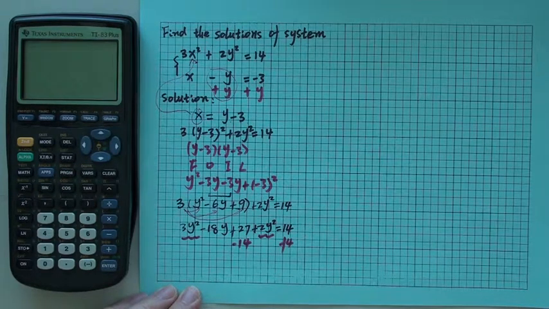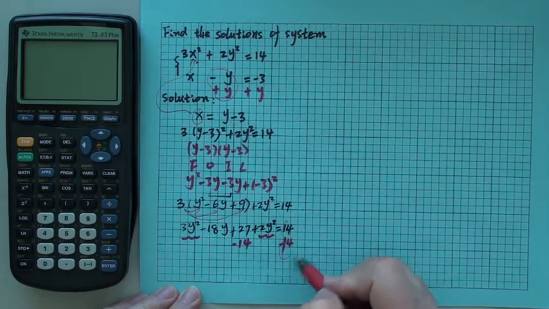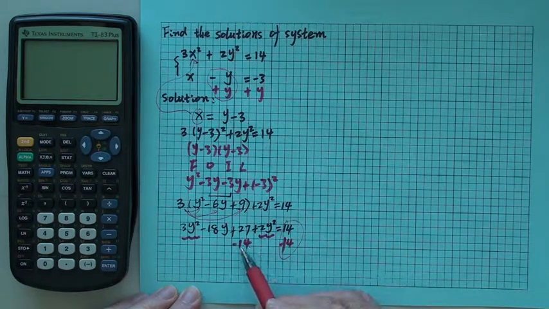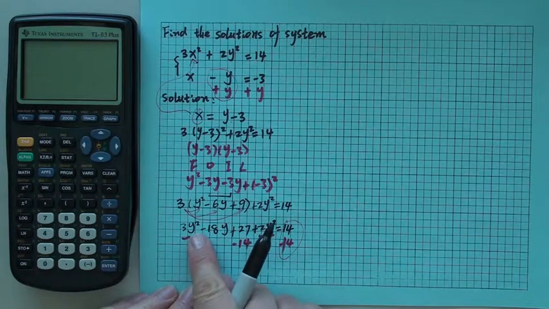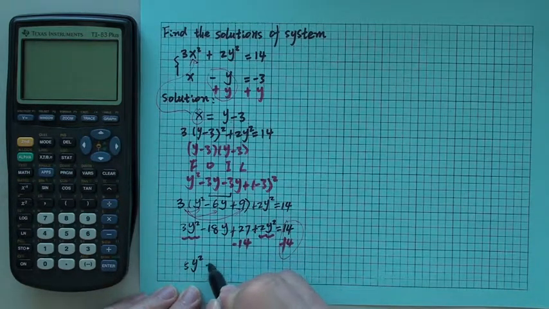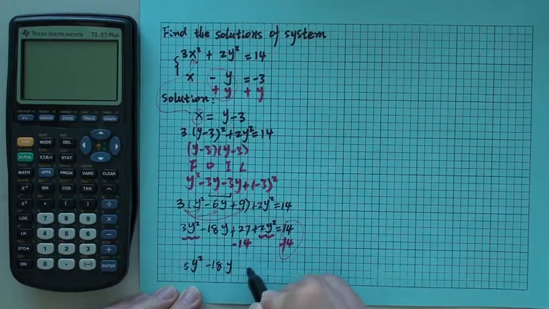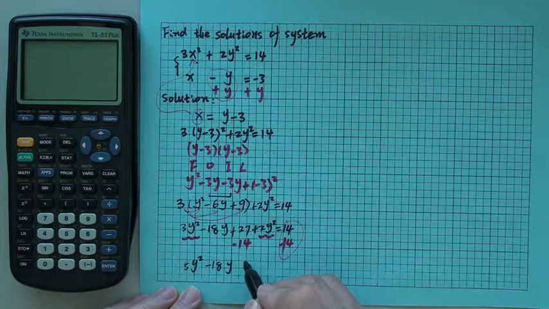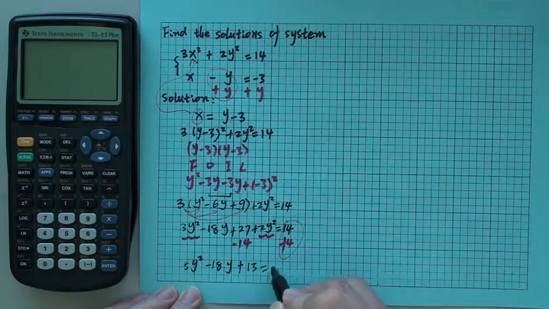So in this way, we cancel that, and we move negative 14 to the left. 3y squared plus 2y squared is 5y squared, and then minus 18y. 27 minus 14 is positive 13, equals 0.